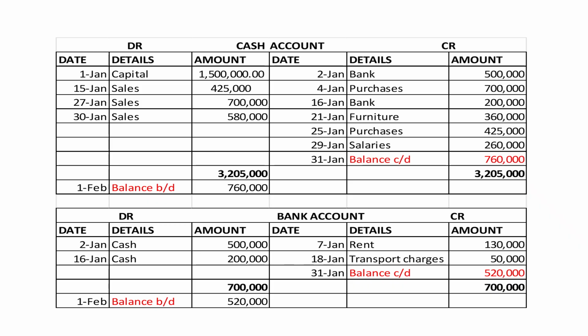And on the 18th January, we made a payment of transport charges. Those are the only transactions that affect the bank account. So we had a balance of 520,000 only, which becomes the balance for February.